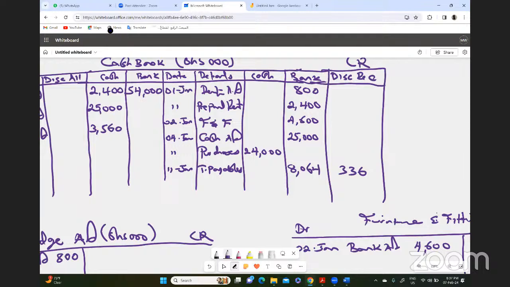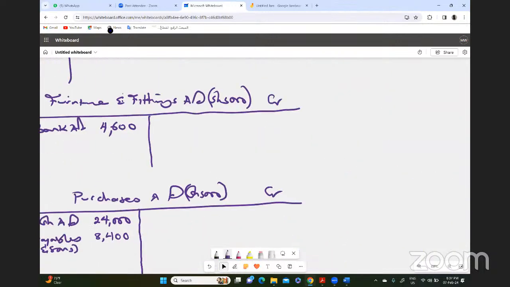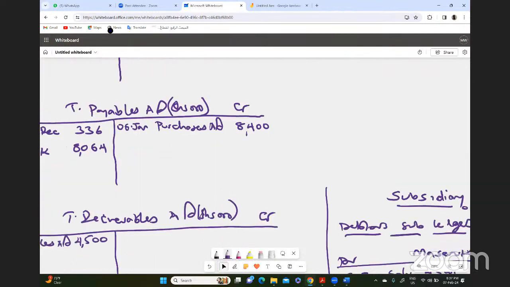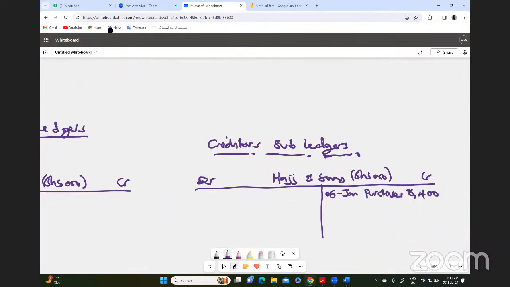Now, the same thing that you did in the trade payables, you have to do it in Hajan Sons account. You remember our subsidiary ledgers? I hope we haven't forgotten the subsidiary ledgers. As you're filling in your trade payables, don't forget the payable subsidiary ledger that relates to that name. Are we together? So in my payable subsidiary ledger of Hajan Sons, I'll have a debit.